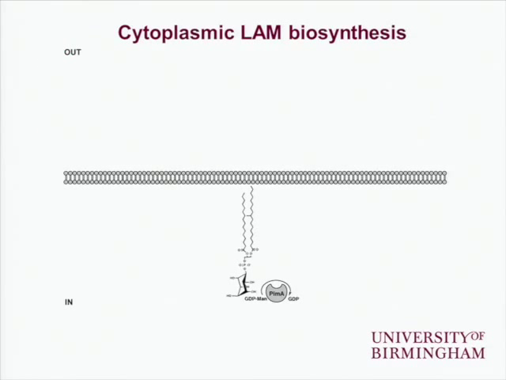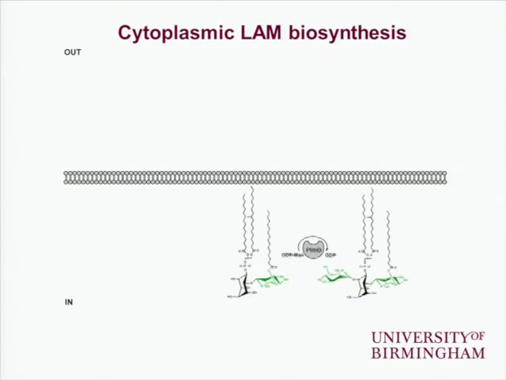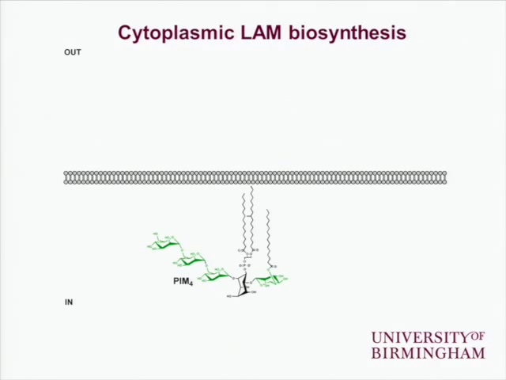Again, it starts from PimA, where we have addition of the first mannose residue. We then have acylation. We have addition of a second mannose residue, a third from PimC, a fourth, and then at this point, the biosynthesis changes because at this point, you're using basically sugar nucleotide donors.